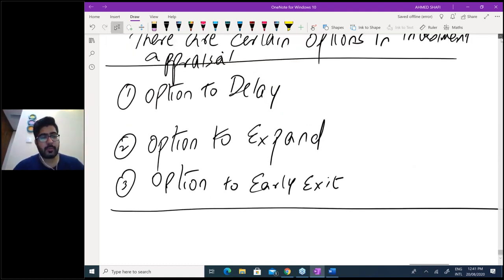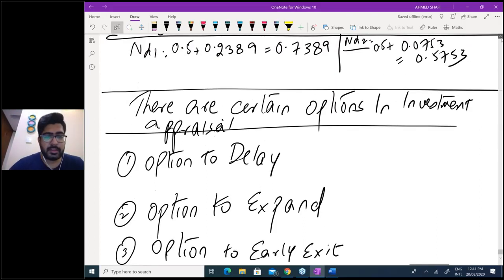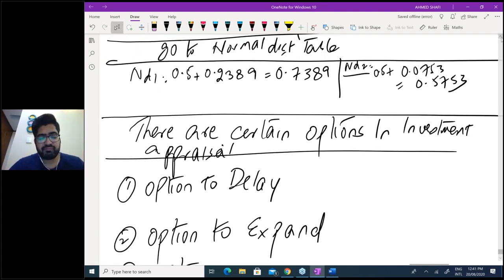Now, what is this option to delay? You are about to start a project next month. Someone comes and says, better delay till winter season. You will get good returns. Now, is this a forced measure?